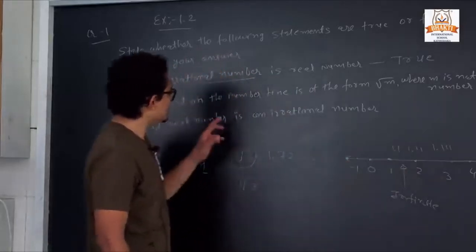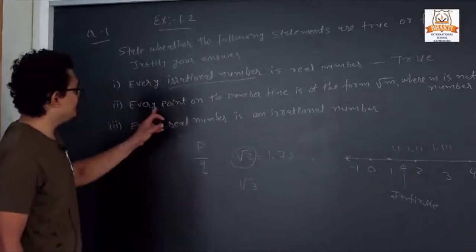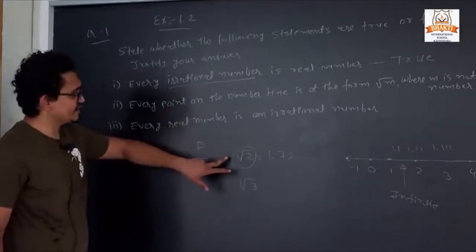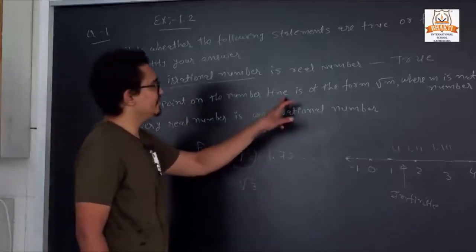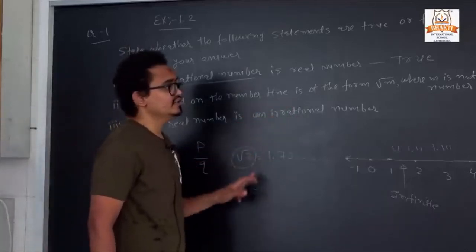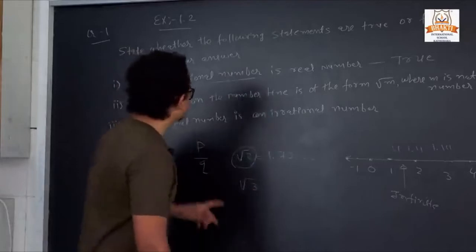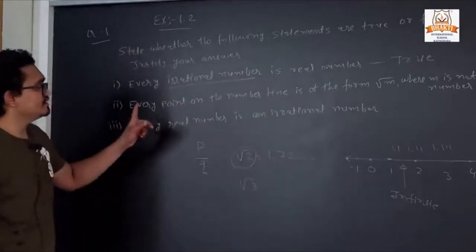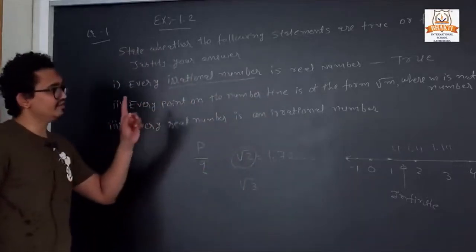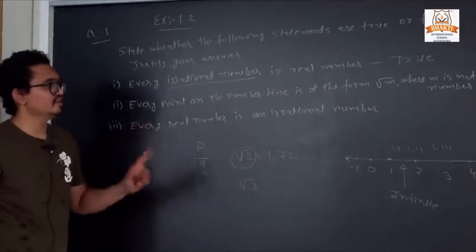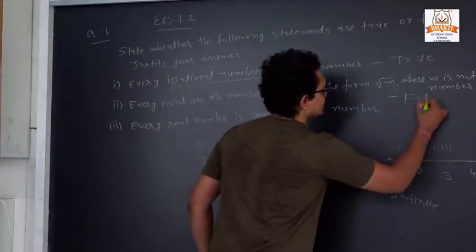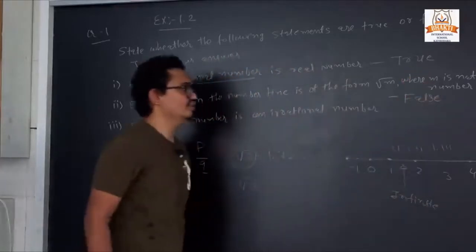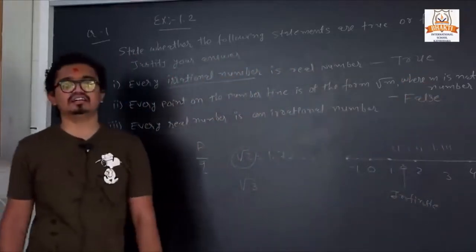So we have infinite numbers between root 2 and root 3. It means we cannot represent every number which is in the form of root m. So that statement is false. What is its right statement?